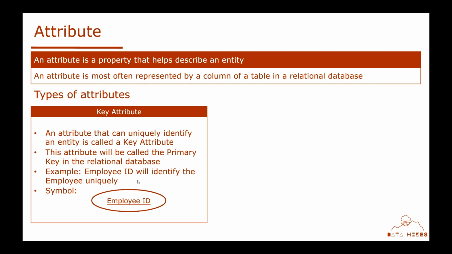The example can be the same again, where an employee ID will identify an employee uniquely. All attributes are represented by writing the word in the middle of an ellipse, like this here. But when you underline it, it becomes a key attribute.